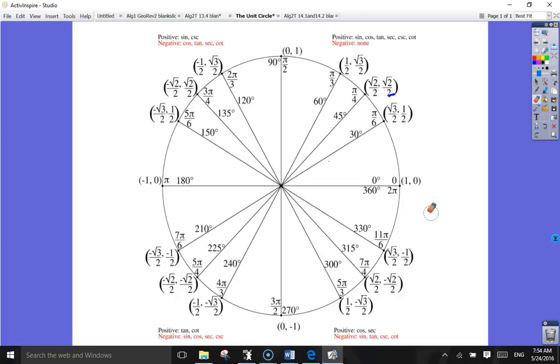Given the unit circle, how do I find the tangent? It's y over x, right? You can't see it directly, but when you're seeing a square root of 3, if you don't remember some of the problems we did in that first unit or went over on the test last time, we did have answers that turned out to be something like square root of 3 or negative square root of 3.